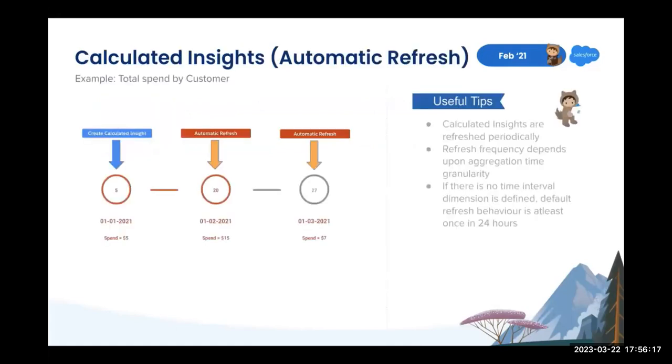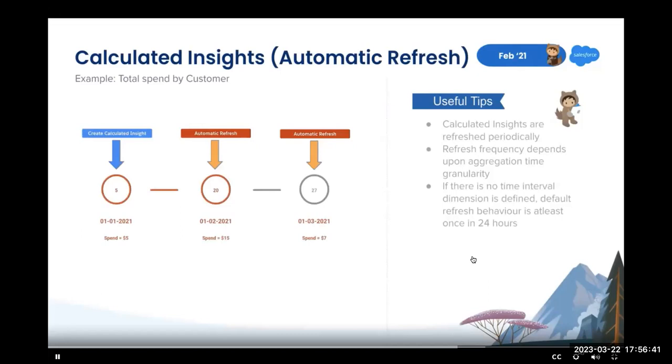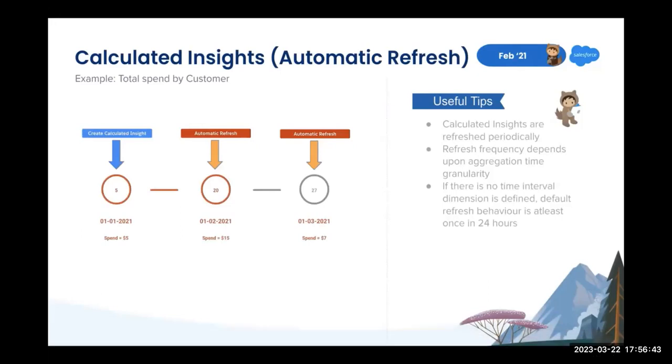Moving on to the next topic, which is automatic refresh. Once you create this calculated insight, it doesn't mean that we will compute your result once and that's it. These insights are run on a periodic basis so that as you're ingesting more data, as new data is coming into Customer 360 audiences, you have fresh insights. Every single day you have the brand new, latest, most recent insights.